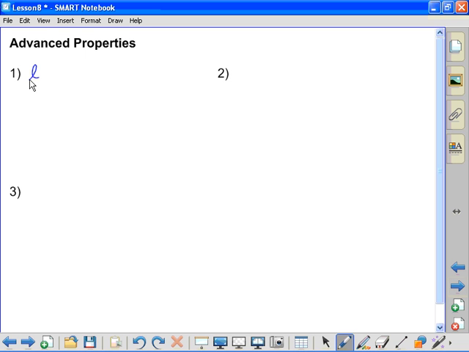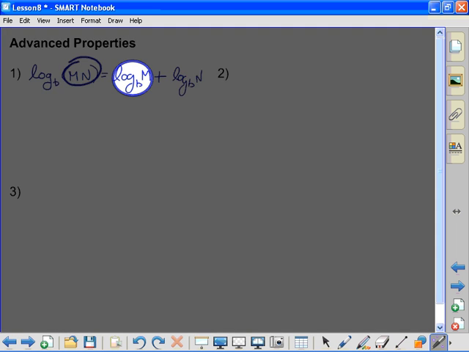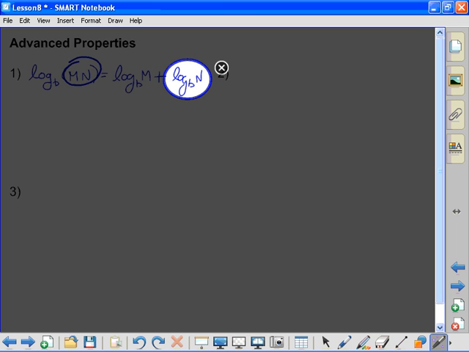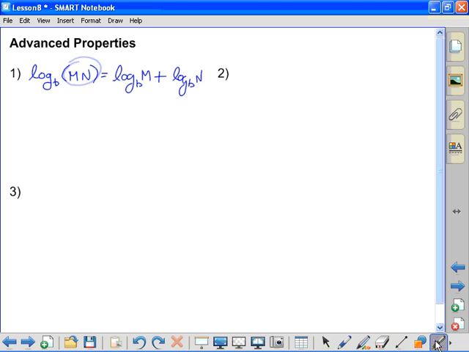The first one is, if we have the log base b of two things multiplied together, it's the same as the log base b of m plus the log base b of n. This is what we call our product rule. If we're multiplying two terms inside the logarithm, we can break it apart into one plus the other term. It's just from our basic properties.